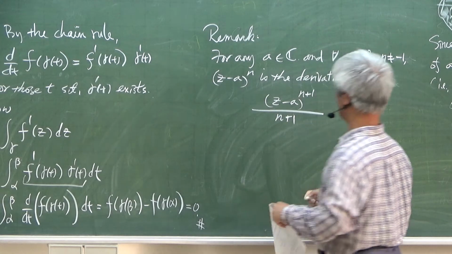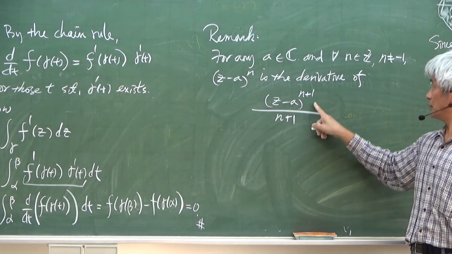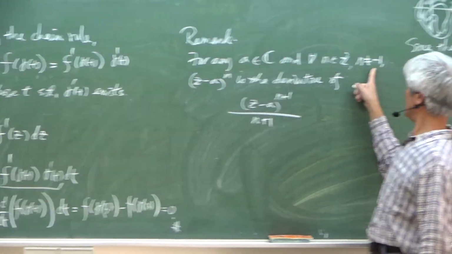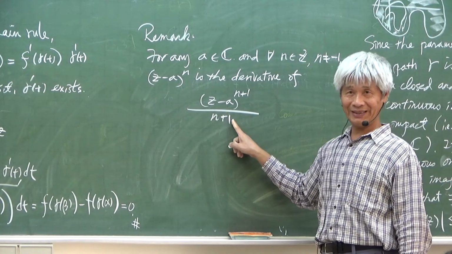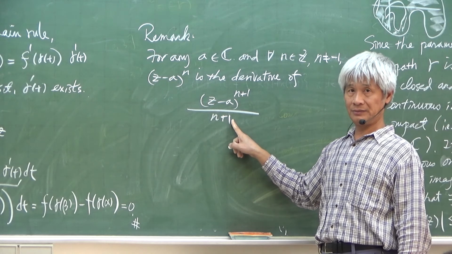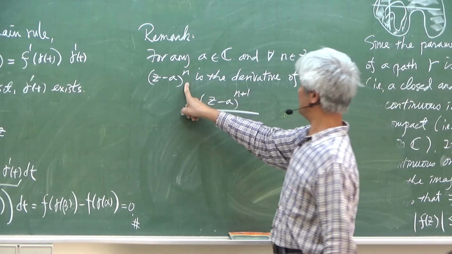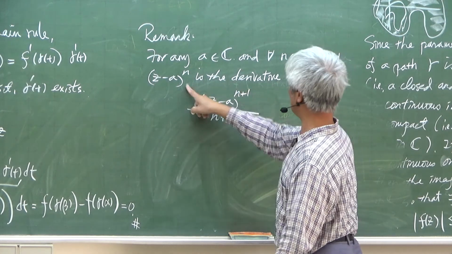When you take the derivative, you get this, if n is not equal to -1. Because if n is equal to -1, the denominator is 0, so it's undefined.